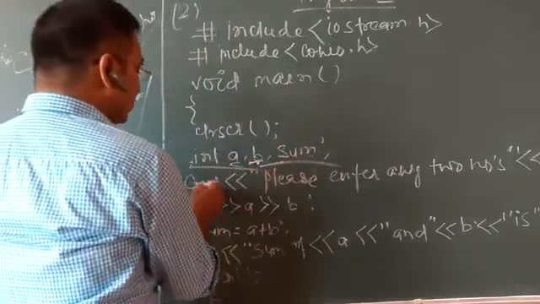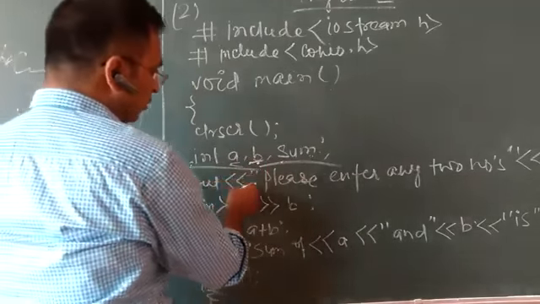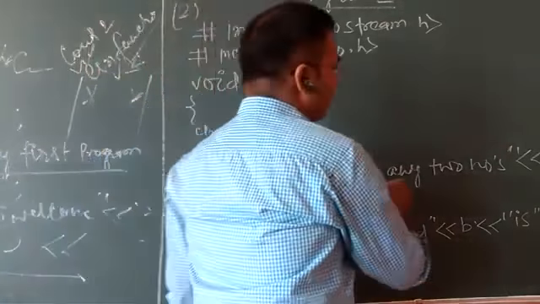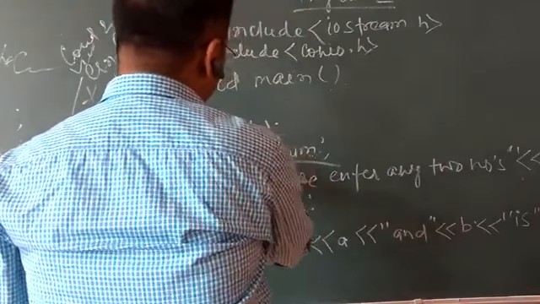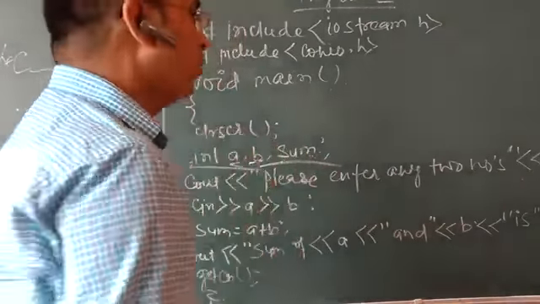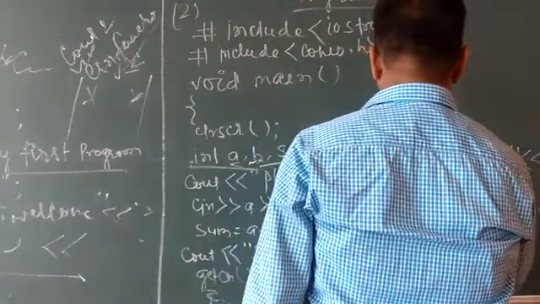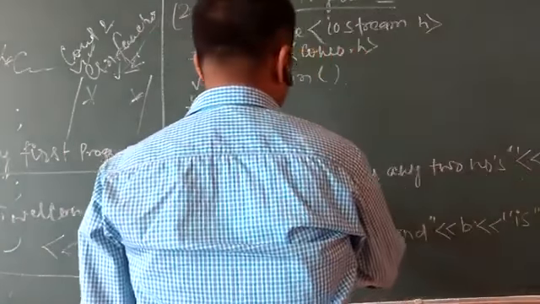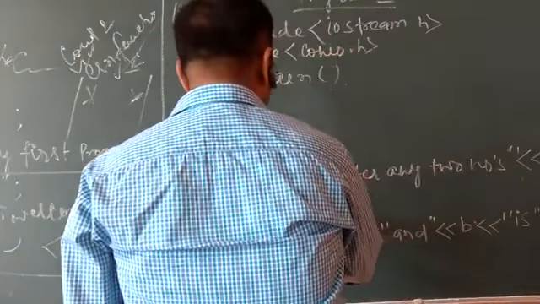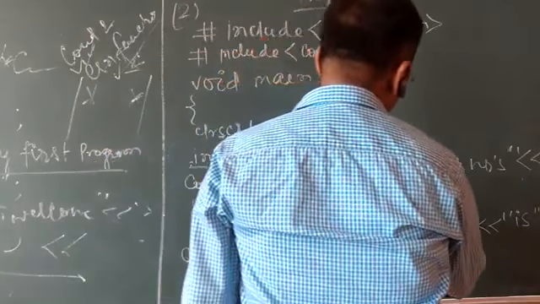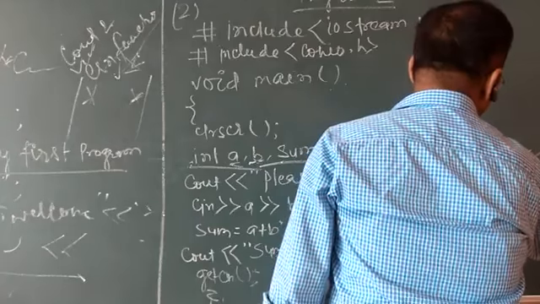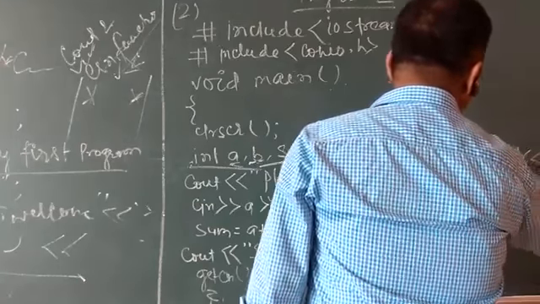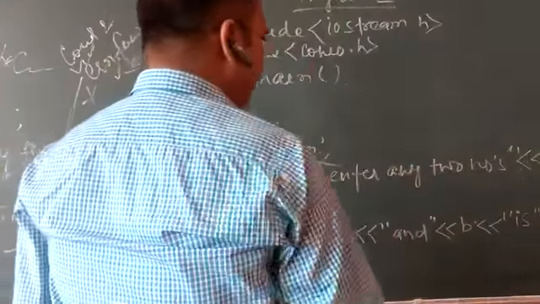Now we are using the cout function, with the insertion operator: "Please enter any two numbers." We just have to enter the two numbers. Once this message is reflected as an output, the cursor will come to the next line.